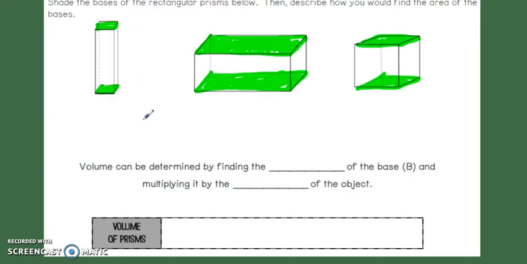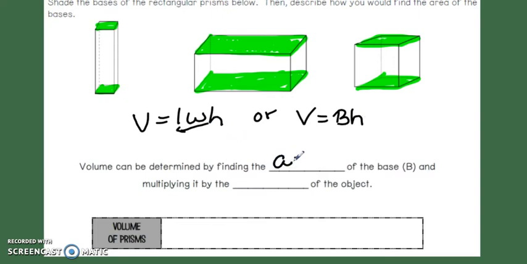So we can use the formula for volume is equal to length times width times height. Or we can say the volume is equal to the area of the base, which is length times width, and then multiply it by the height. Volume can be determined by finding the area of the base, so that's this formula, and then multiplying it by the height of the object.